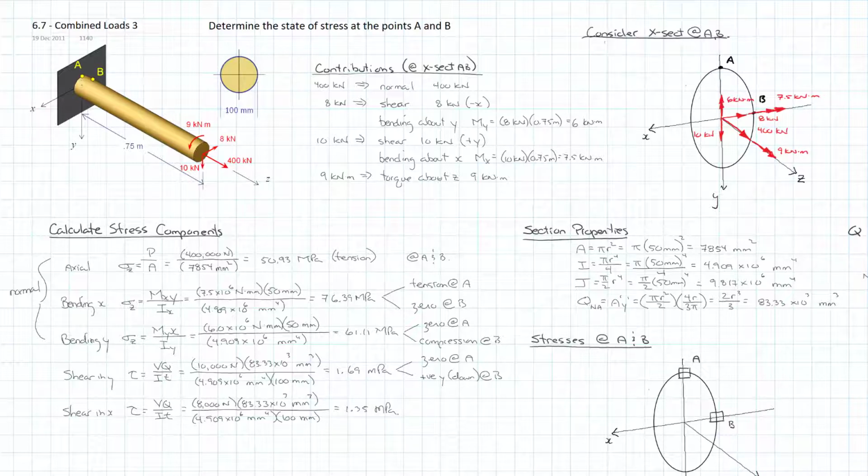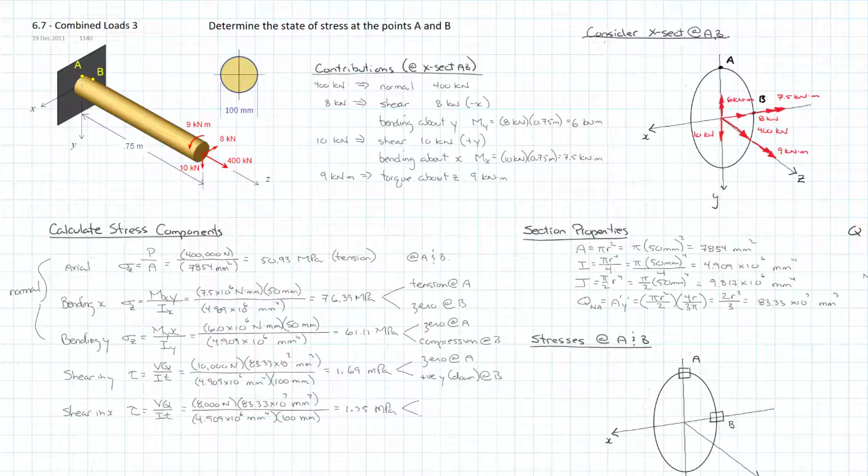If we think of our transverse shear stresses, they're going to be maximum at the neutral axis, which is the y-axis in this case, so at A, and 0 at the extreme fibers, which would be at point B.